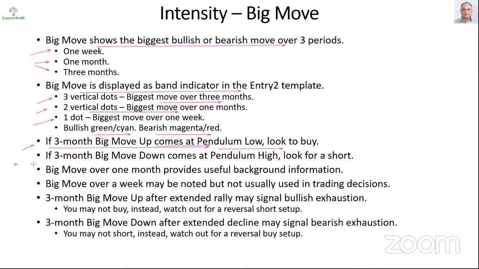If a 3-month big move down comes at pendulum high, look for a short. At the lower end, it is very effective in buying strong stocks. At the higher end, we have to be cautious, and if fundamentals are weak, we are able to take the short with more confidence. Of course, again, we'll use a proper Q-trade setup, but this is very, very useful, supportive information at extreme levels.